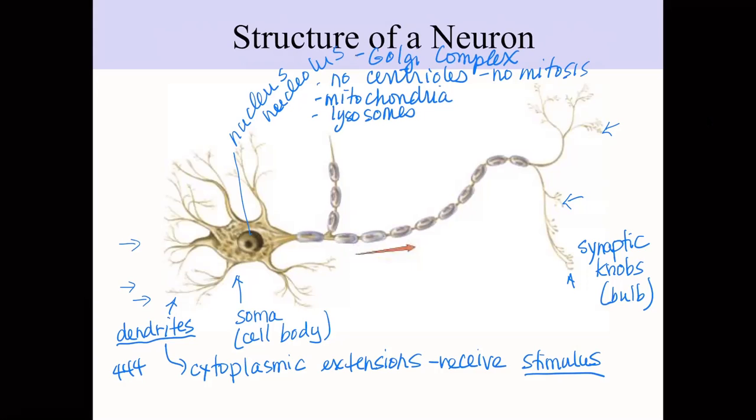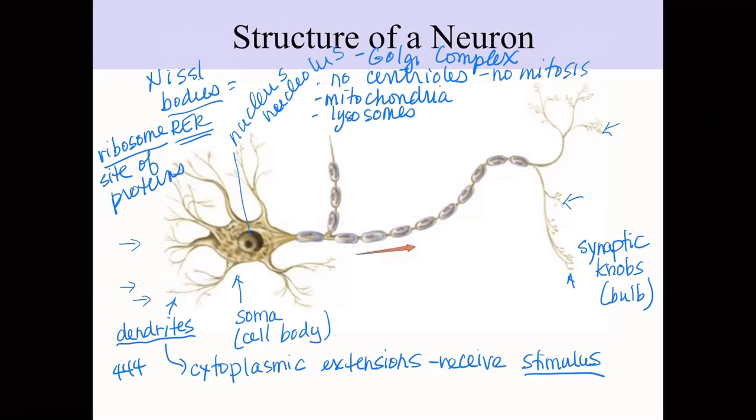It has these things called Nissl bodies. Nissl bodies are clumps of rough ER. If you think about rough ER, those have ribosomes. And what's the purpose of a ribosome? The ribosomes are the site of protein synthesis. So these guys are going to make lots of proteins, which would be neurotransmitters. They also have these things called neurofibrils, which are part of the cytoskeleton. I think I got most of it on here.